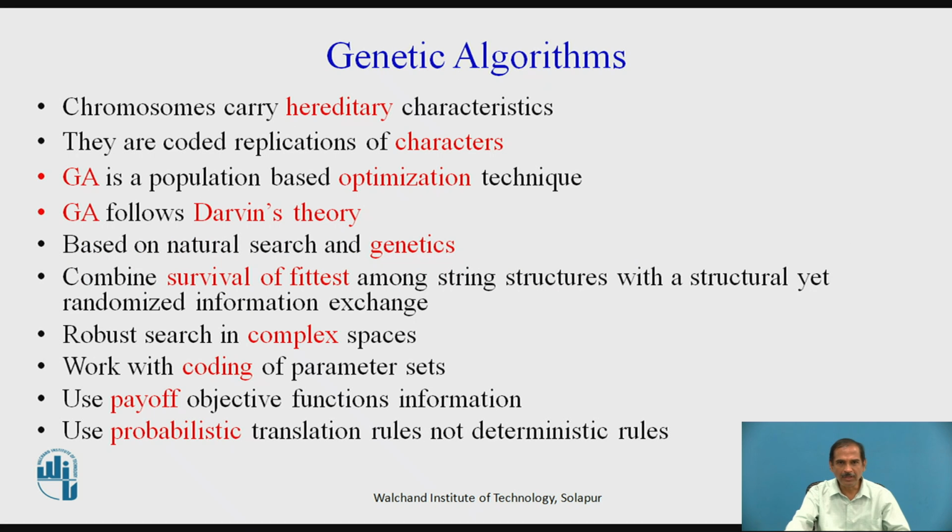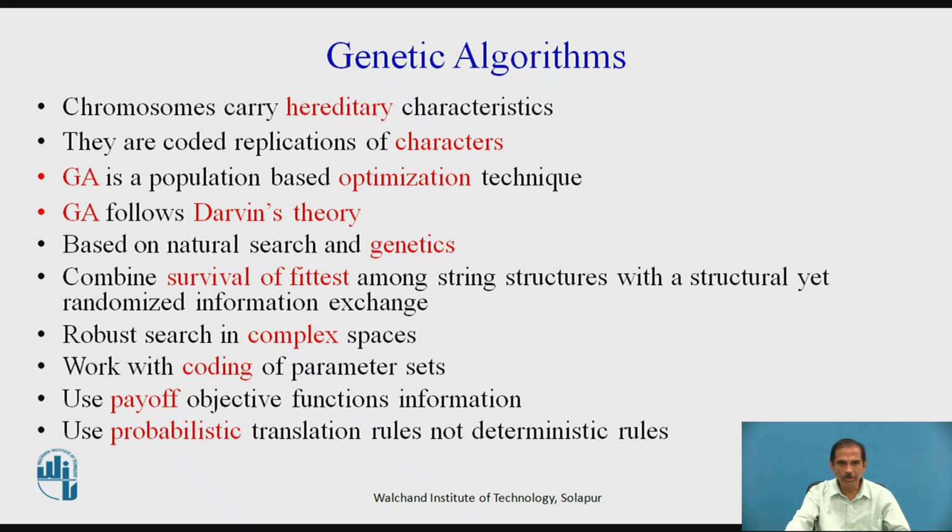The second type of algorithms are evolutionary based, and they are called genetic algorithms. Here we have certain basic terminology that we have to understand. First of all, a chromosome carries hereditary characteristics. They are coded replications of characters.